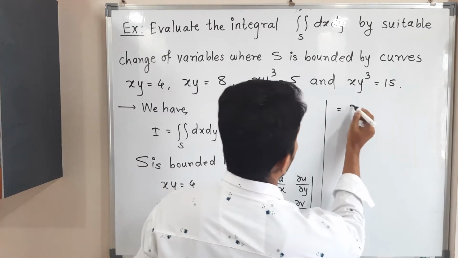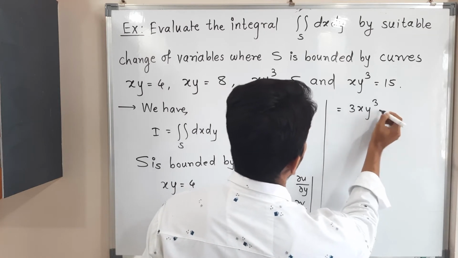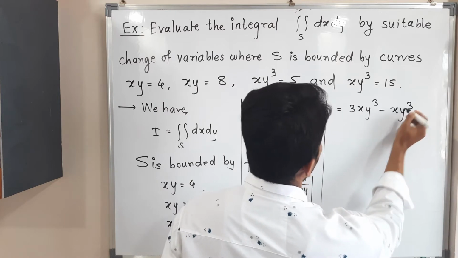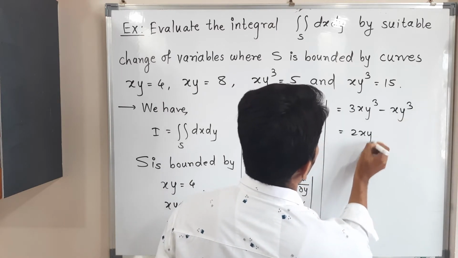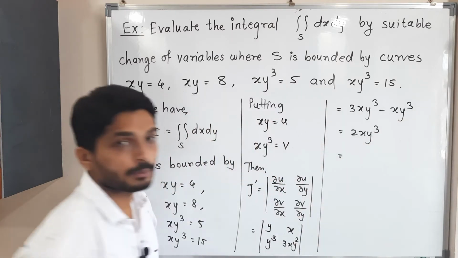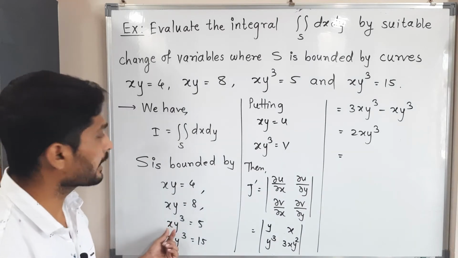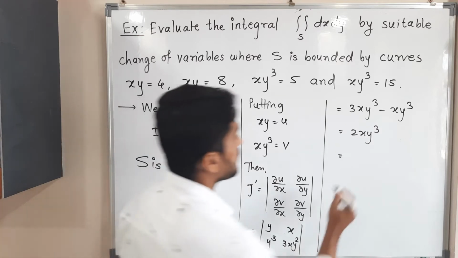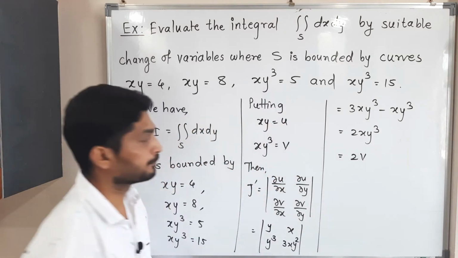So this is 3xy cube minus xy cube. So here we have 2xy cube, and we have already called xy cube as v. So this is equal to 2v.